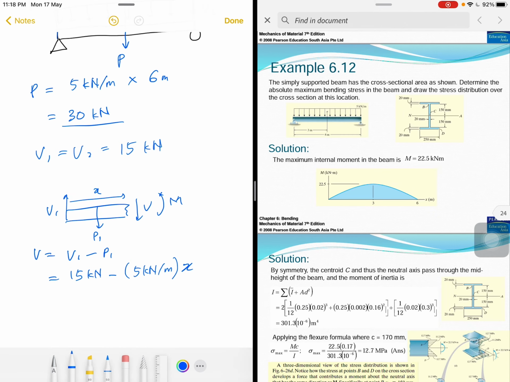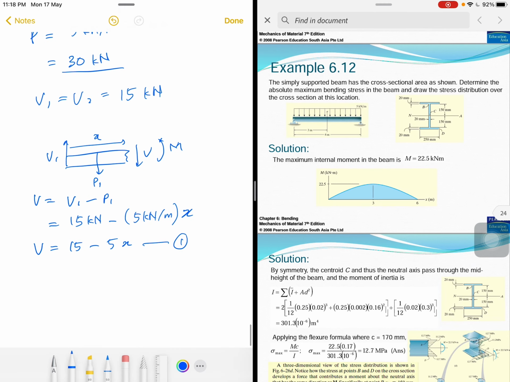Okay, so this is the equation. We don't have to write the unit for simplicity. So this is the first equation.